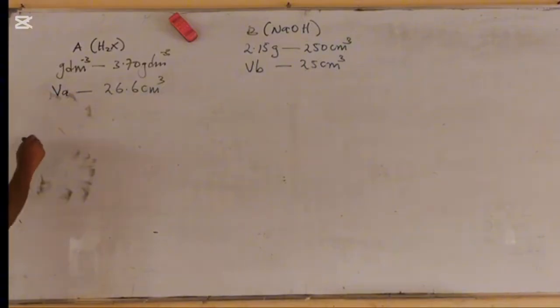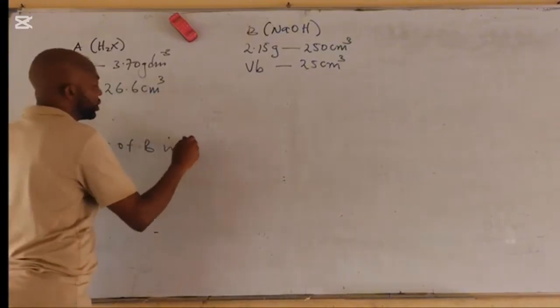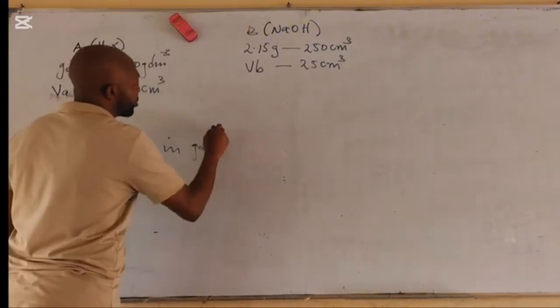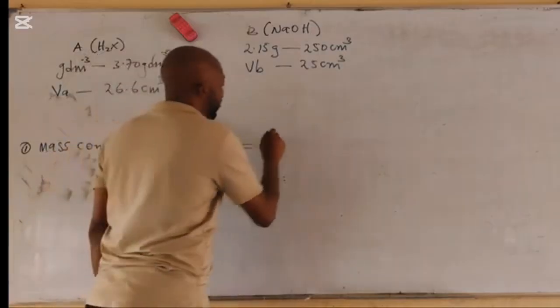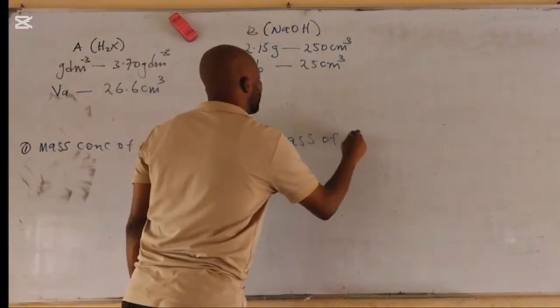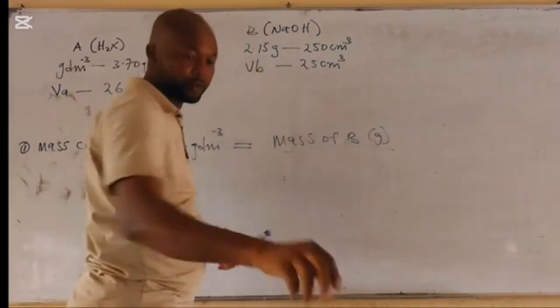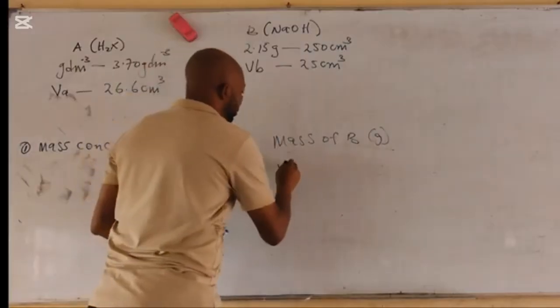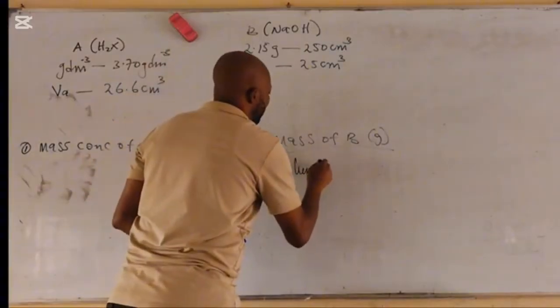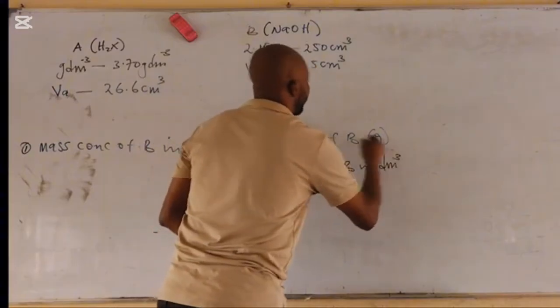So 1, mass concentration of B in g per dm cube is equal to mass of B in gram over volume of B in dm cube.